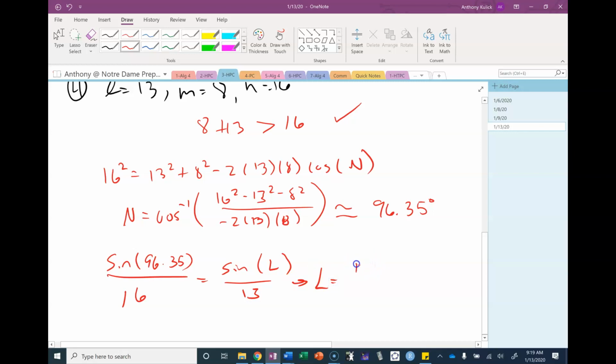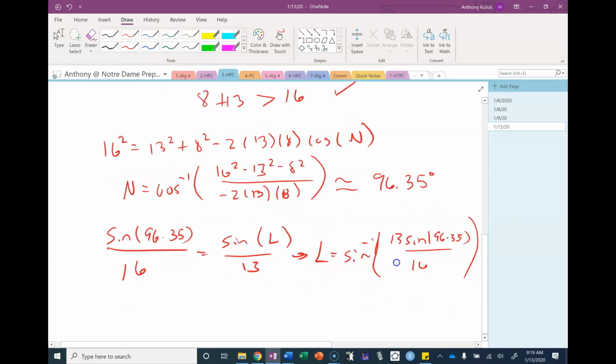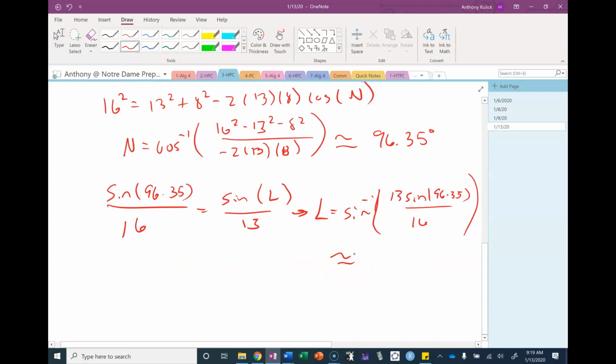So when I cross multiplied, divided, and took the sine inverse, I get that L is the sine inverse of 13 sine 96.35 over 16. And when I type that into my calculator, I get 53.85 degrees. And then to get angle M, I just did 180 minus L minus N.